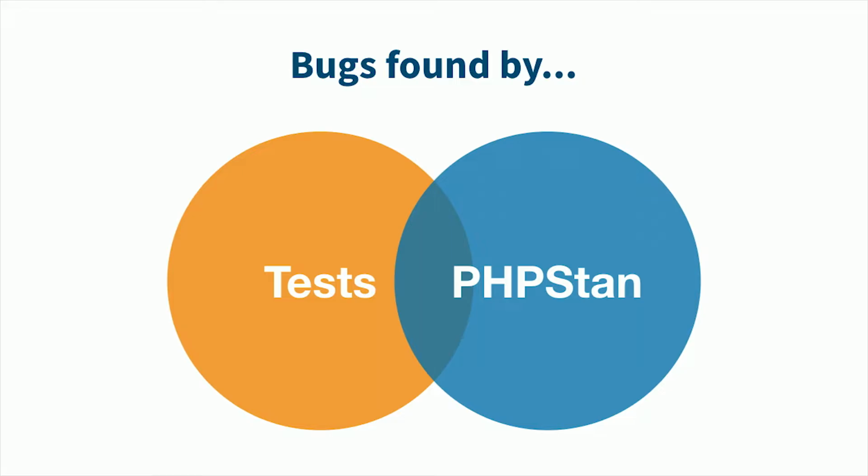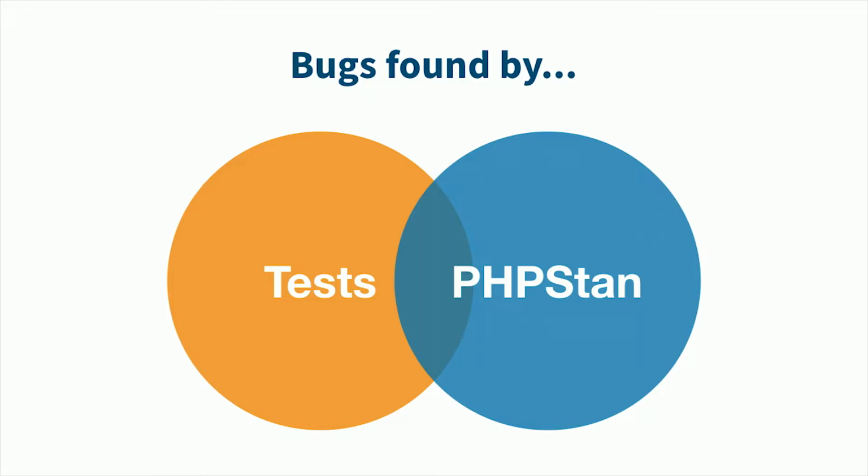So my point is that phpstan is looking for bugs for you, but so do tests, and there's some intersection. Some bugs can be found by both tests and by phpstan. So why are we spending this duplicate effort when there's some overlap?